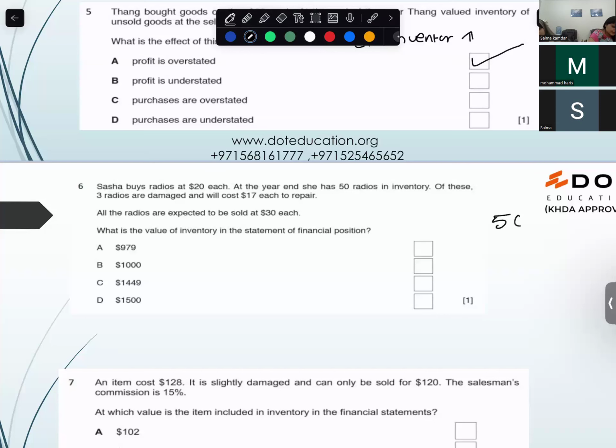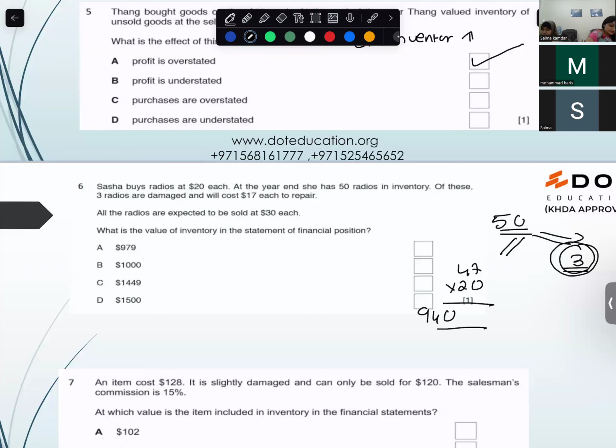50 radios in inventory. 3 are damaged. Yeah, so we do 47 times 20. So 47 times 20 is how much? 940. And how about then the 3 inventory?